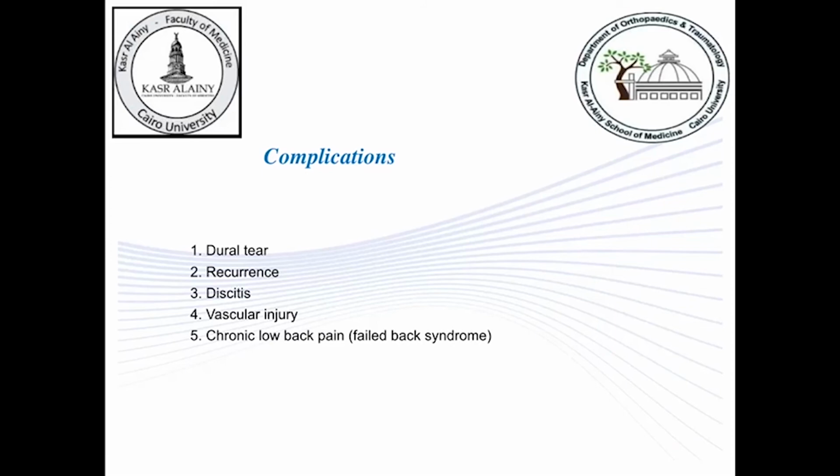Discitis happens in 1% of the cases. A very annoying complication that might need a redo surgery. A rare complication, but a catastrophic one, is vascular injuries, and chronic low back pain or failed back syndrome in case of decompression leading to instability, and this will need fixation later on.